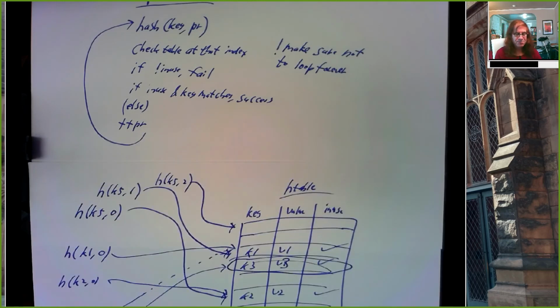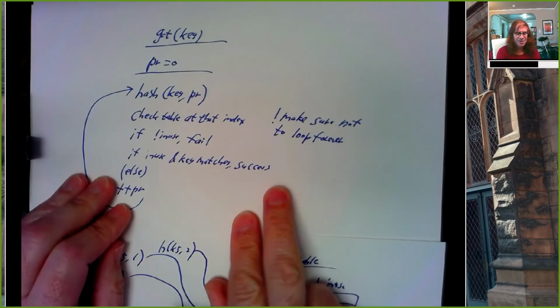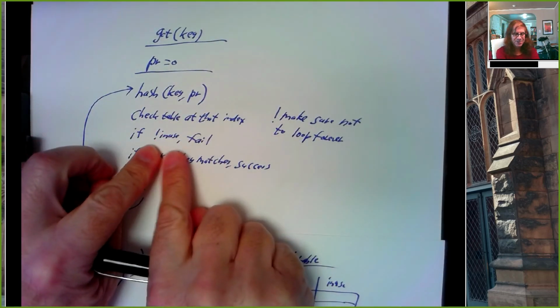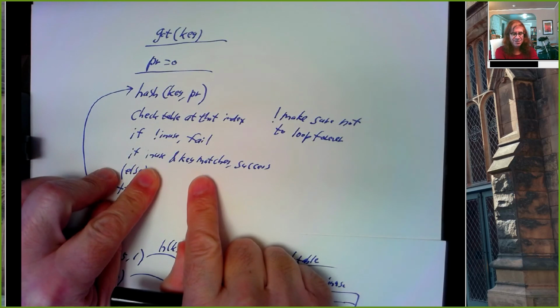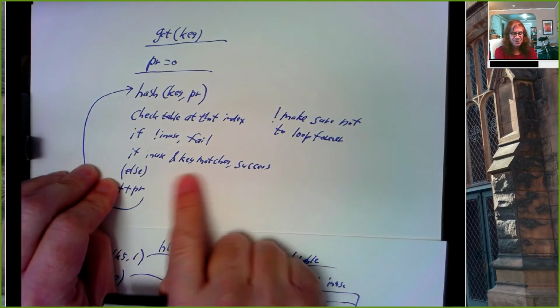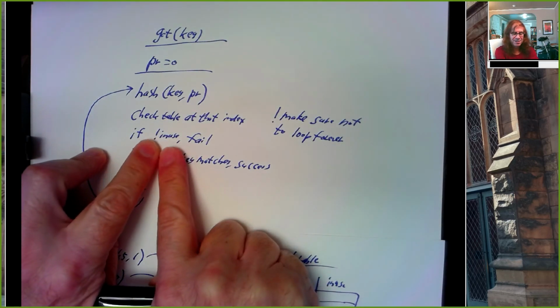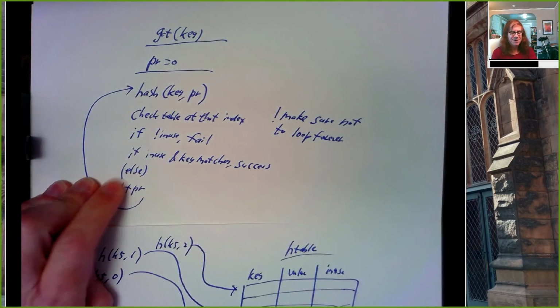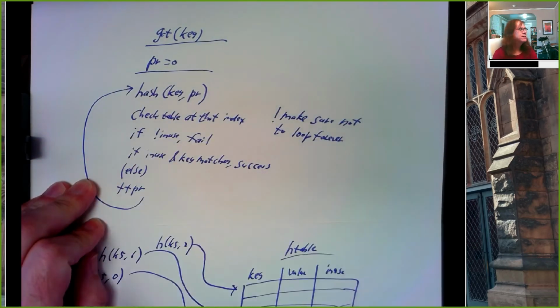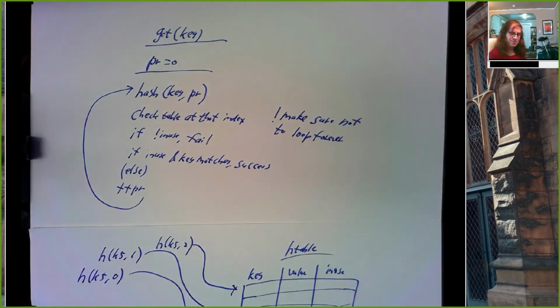So the only difference with probing is, without it, you hash, check the table. If it's not in use, fail. If it doesn't match the key, fail, otherwise success. But here, if it's in use but it doesn't match the key, instead of just saying it's not found, we go ahead and rehash for a second attempt.